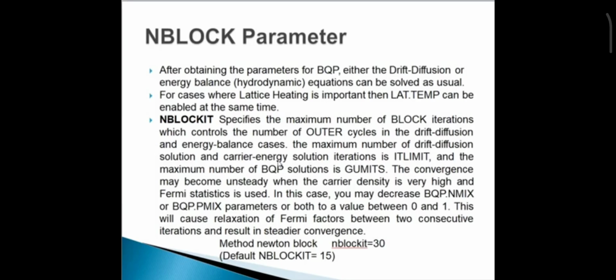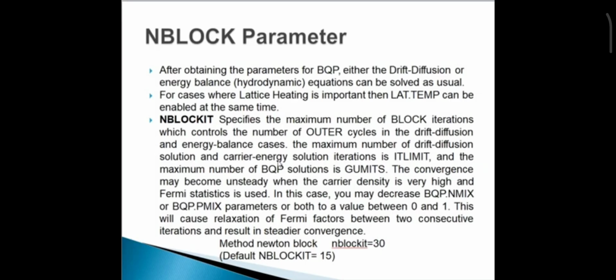Nblockit specifies the maximum number of block iterations, which controls the number of outer cycles in the drift diffusion and energy balance cases. The maximum number of drift diffusion solution and carrier energy solution iterations is set by itlimit, and the maximum number of BQP solution iterations is set by gumits.